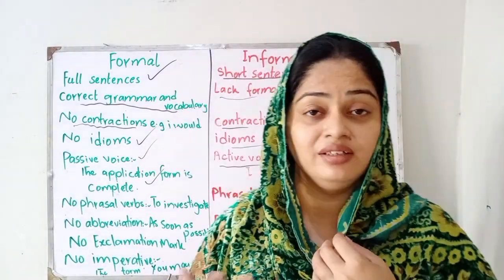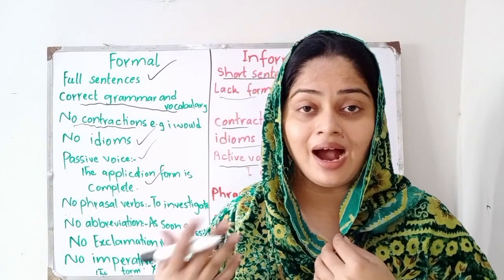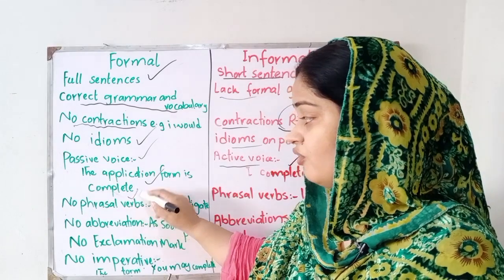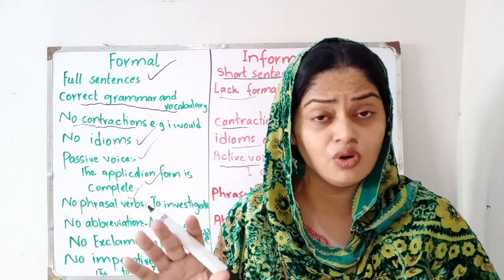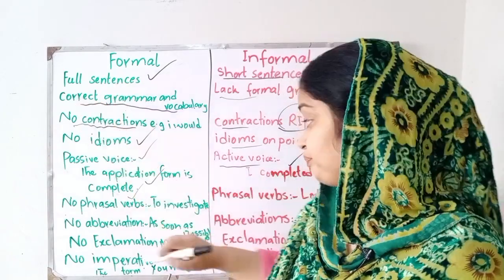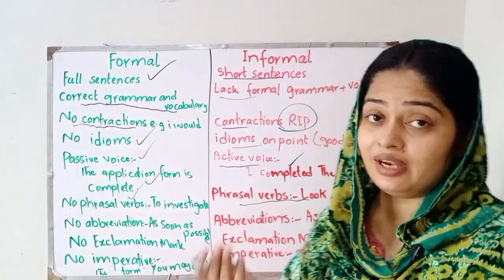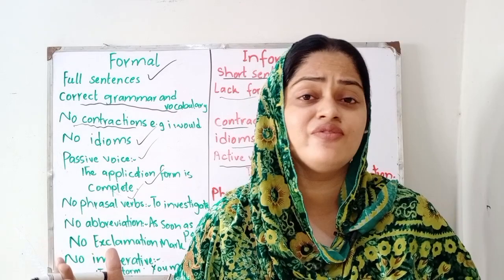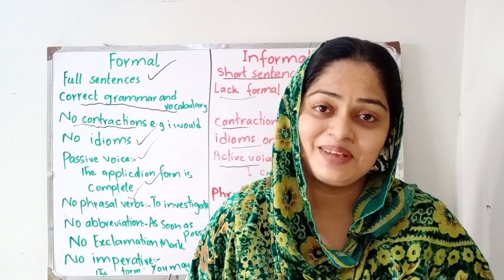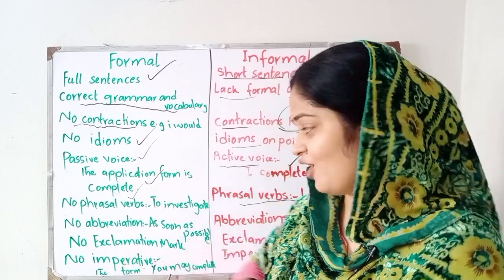I completed the form. Next, no phrasal verbs. No idioms, no phrasal verbs is the requirement of formal English. Phrasal verbs, like look into. You can use as many phrasal verbs as you can when you are maintaining informal conversation.